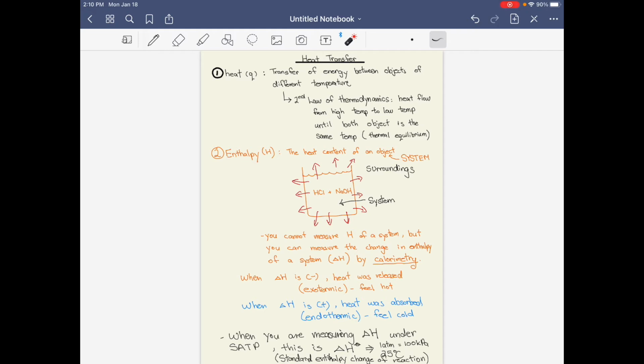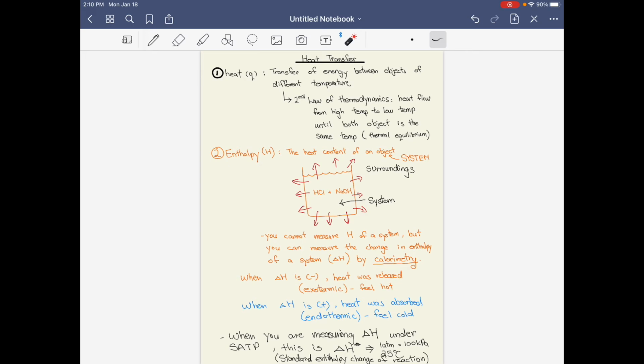But what you can do is look at the change in enthalpy of a system using a method known as calorimetry. Calorimetry is measured through a calorimeter, which is a couple of insulating material where the reaction will happen, and a thermometer that gauges the change in temperature.